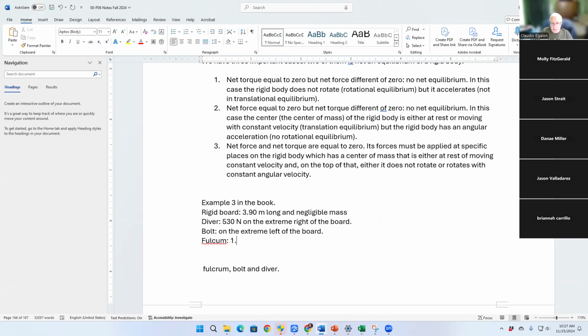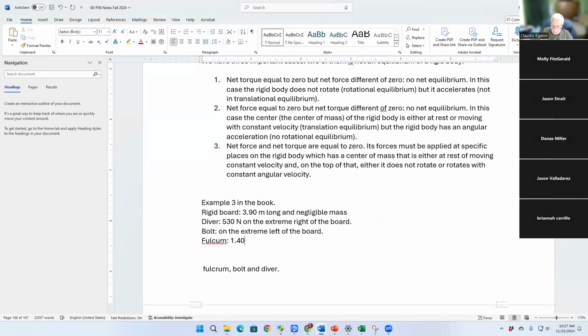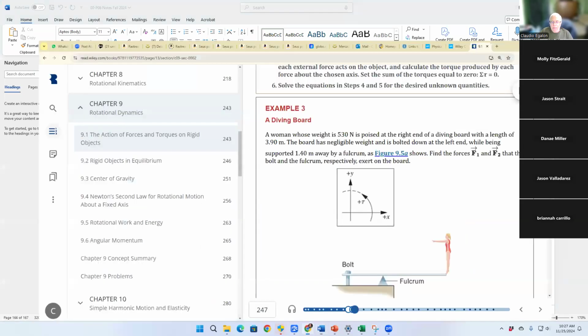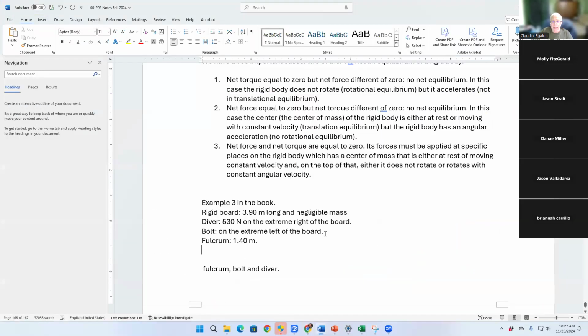1 point, how many meters again? You don't rely on your 1.4 meter. Don't rely on your memory, right? If you're not sure, just go back, even if it takes longer. Okay. And he's asking. And don't forget, he should have also said that the board is in net equilibrium, right?